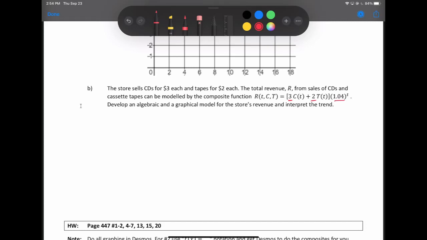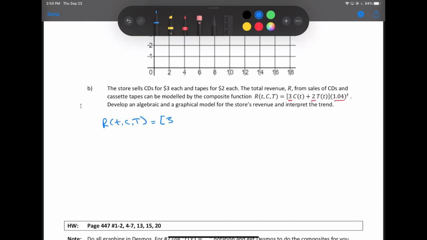So it's going up. So now we have a model which is quadratic and another model which is linear combining into a model that overall is exponential. There's a lot going on there. So let's start off by just figuring this out. R at t, and if you don't like this three variable notation, you can put down R at t, is equal to 3 times C at t.